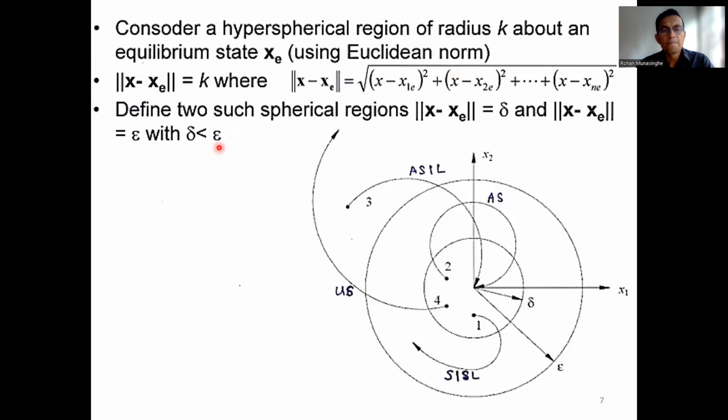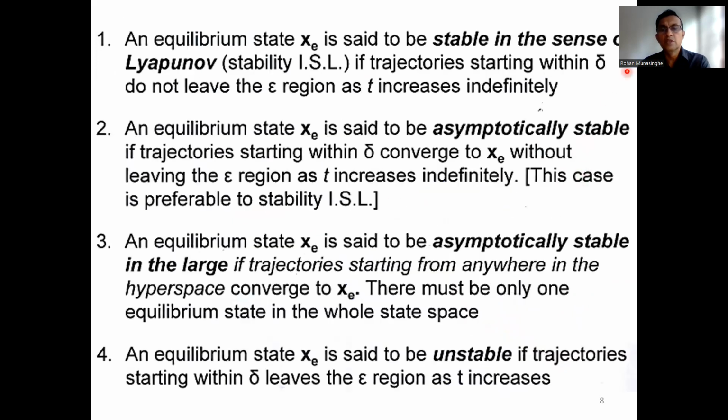Okay. And also in this discussion, we define two areas around the equilibrium point. One is the smaller area here with the radius delta around the equilibrium point, and we define another area around the equilibrium point with the radius epsilon, right? So delta and epsilon. With that, the four curves can be described like that.